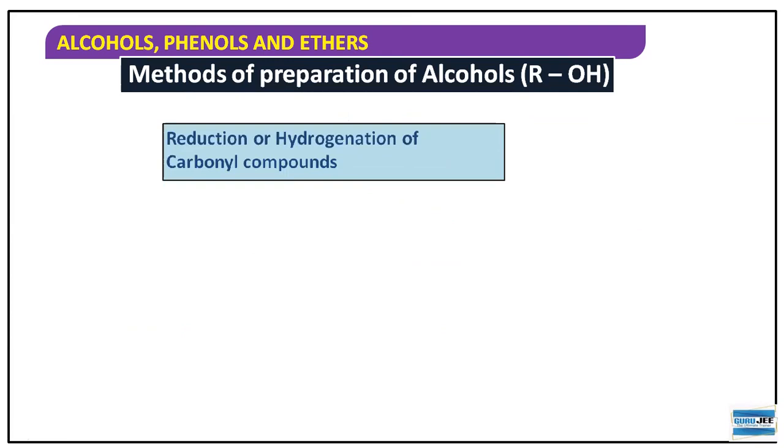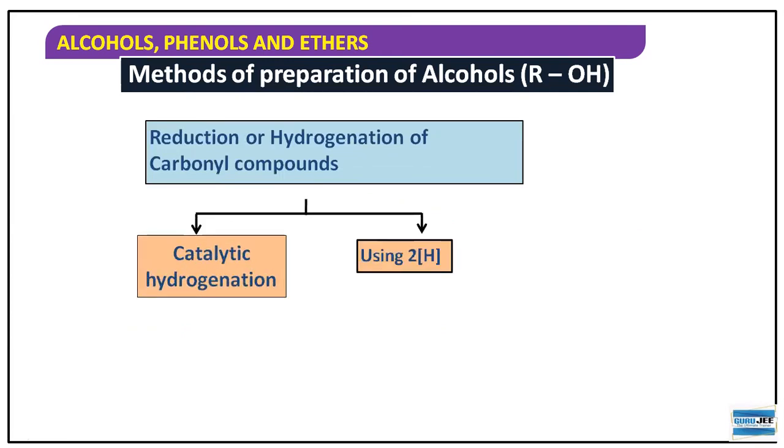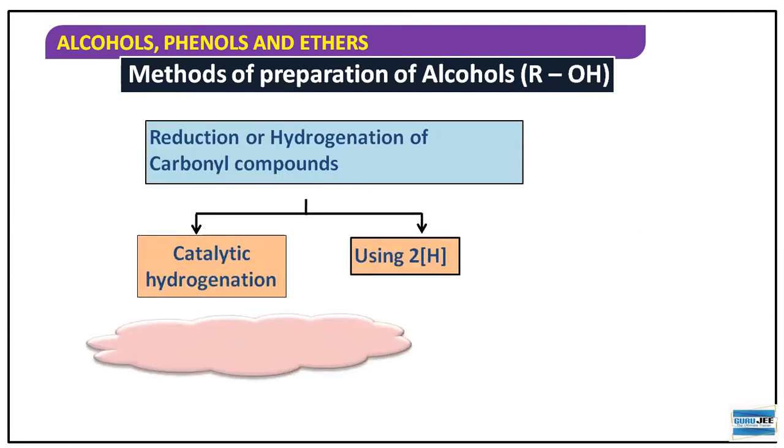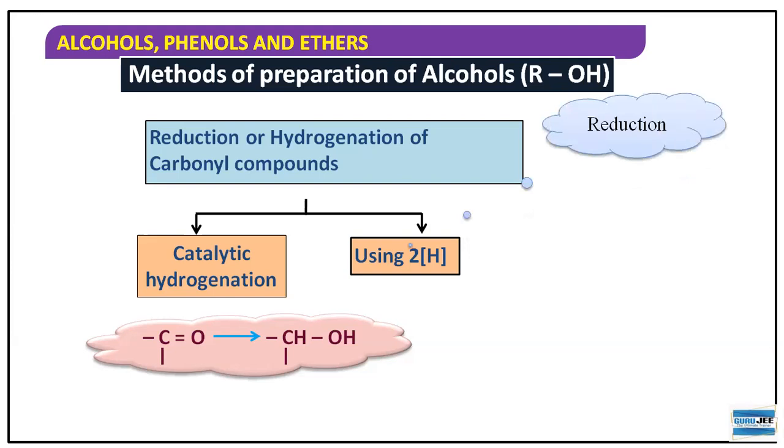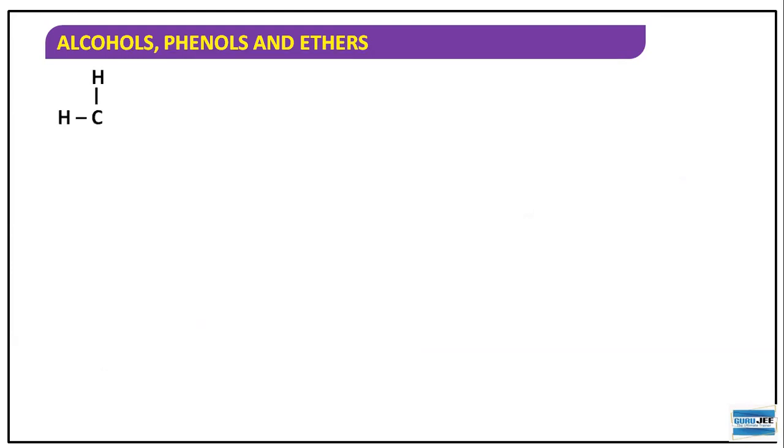So first method is what? Catalytic hydrogenation or nascent hydrogen release. Both methods can be used. Two methods are there. So this is the reduction one.